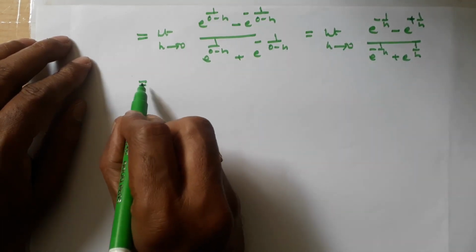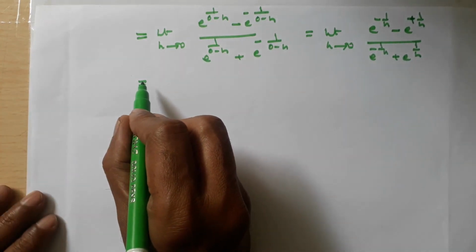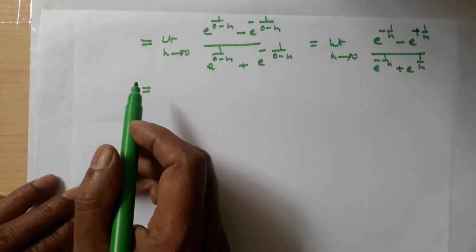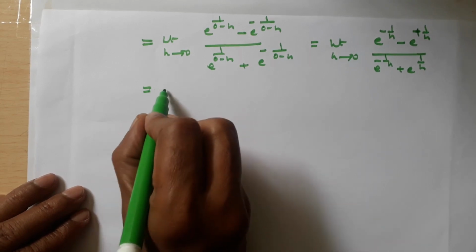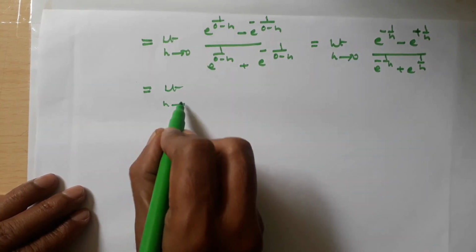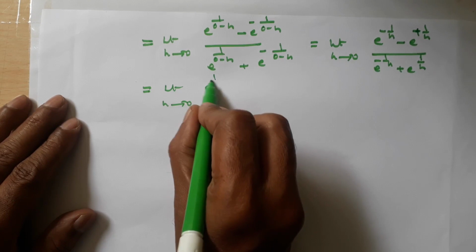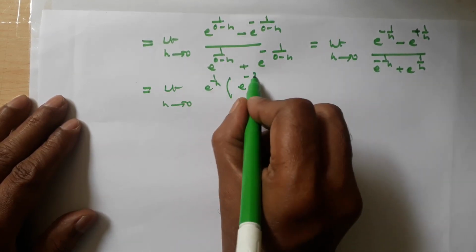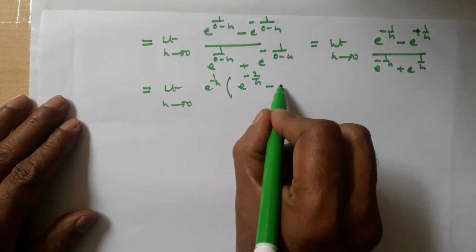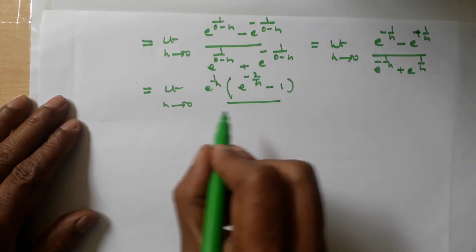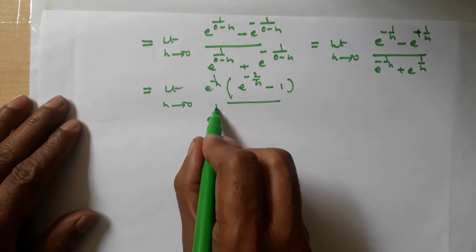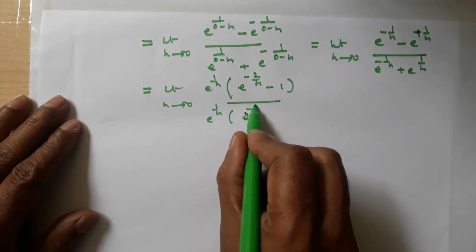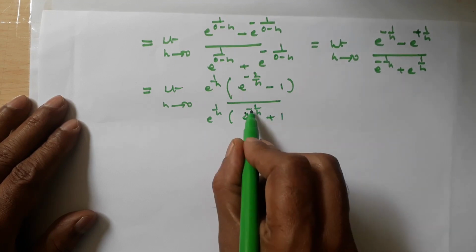As e power 1 by h is common, limit h tends to 0, (e power minus 2 by h minus 1) divided by (e power minus 2 by h plus 1).